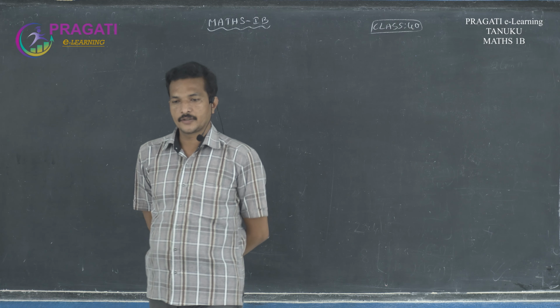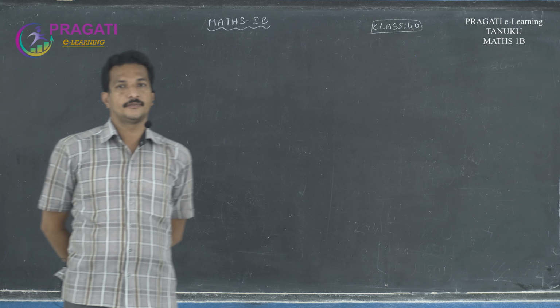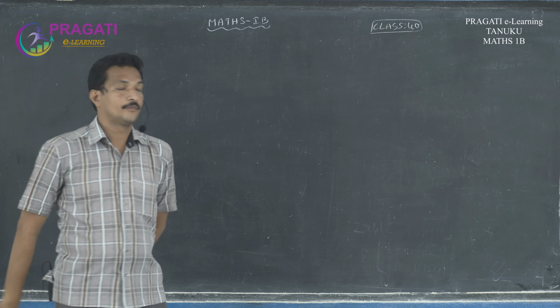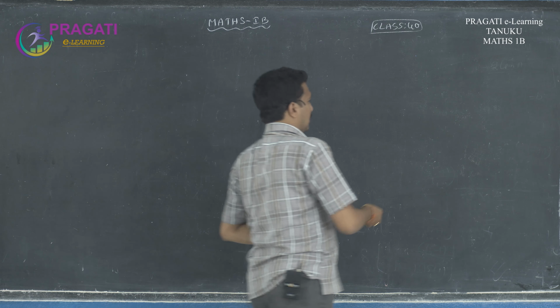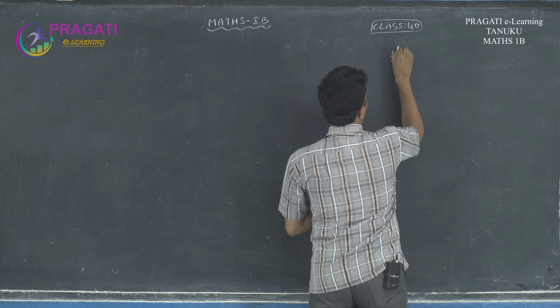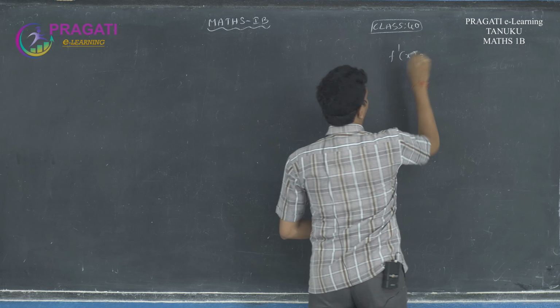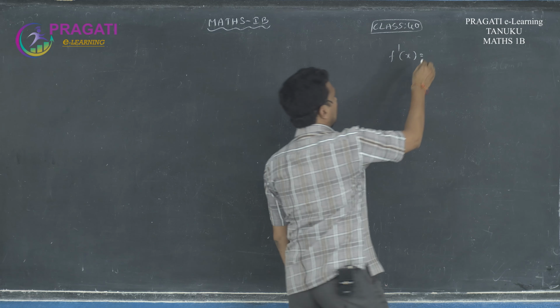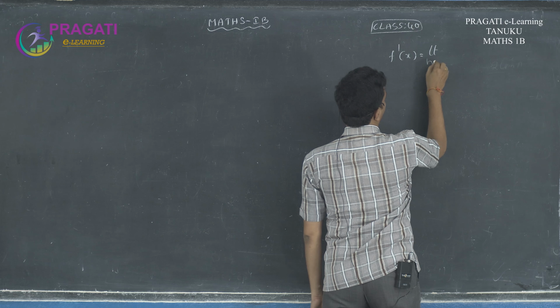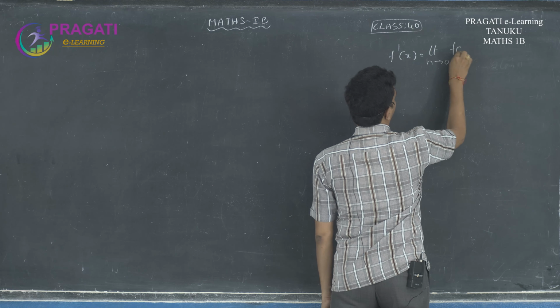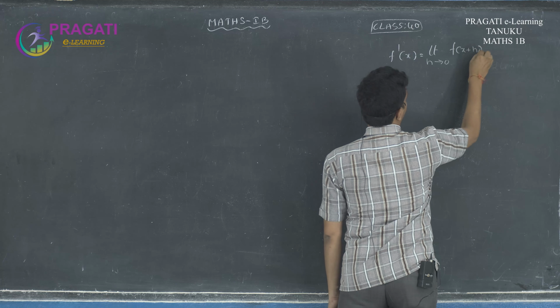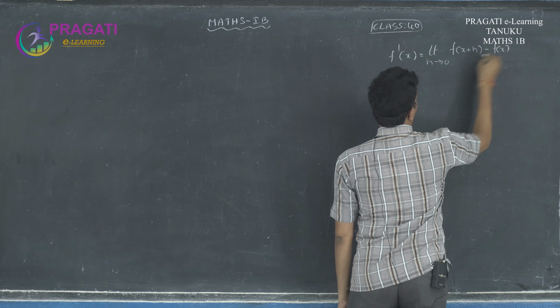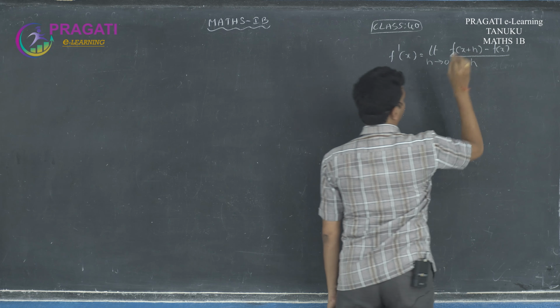In the previous class, the new chapter is differentiation. The formulas are, first of all, f of x is a function, then the differentiation is denoted by f dash of x, and the formula is limit h tends to 0, f of x plus h minus f of x by h.